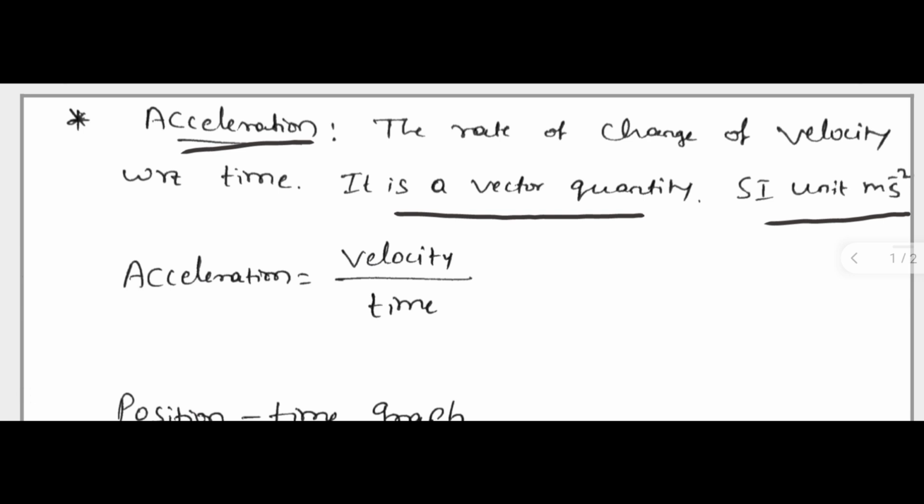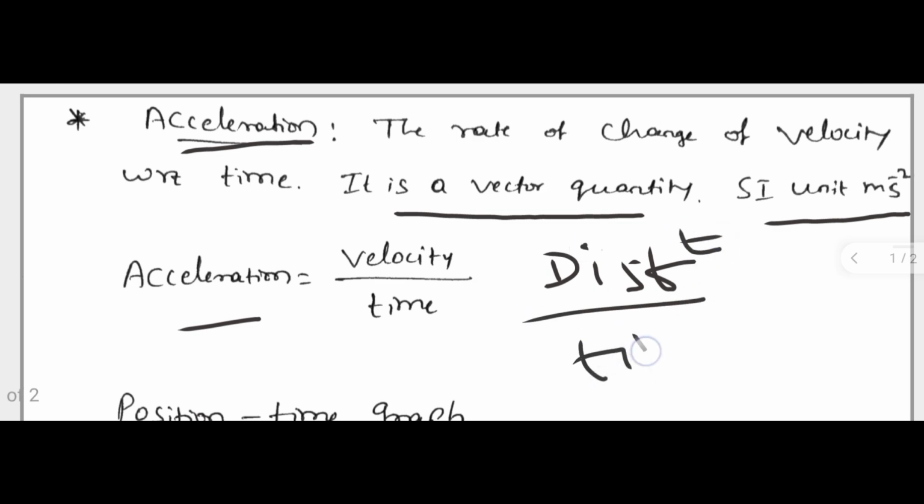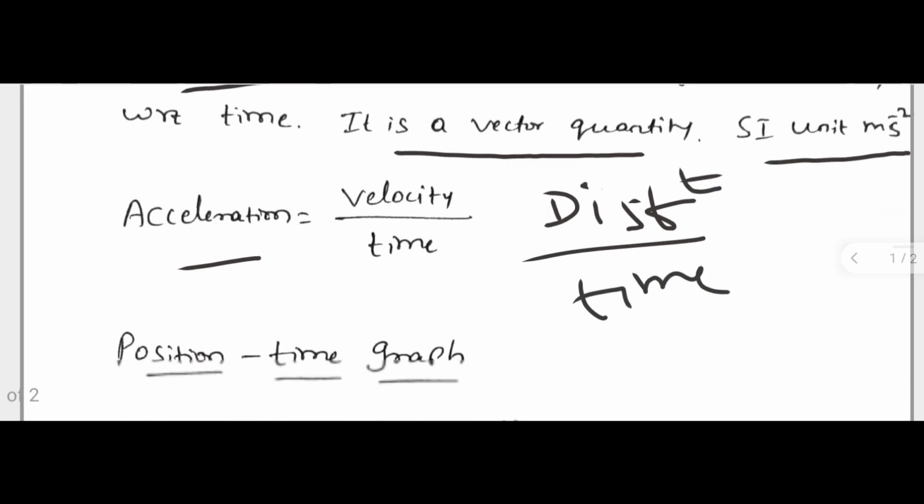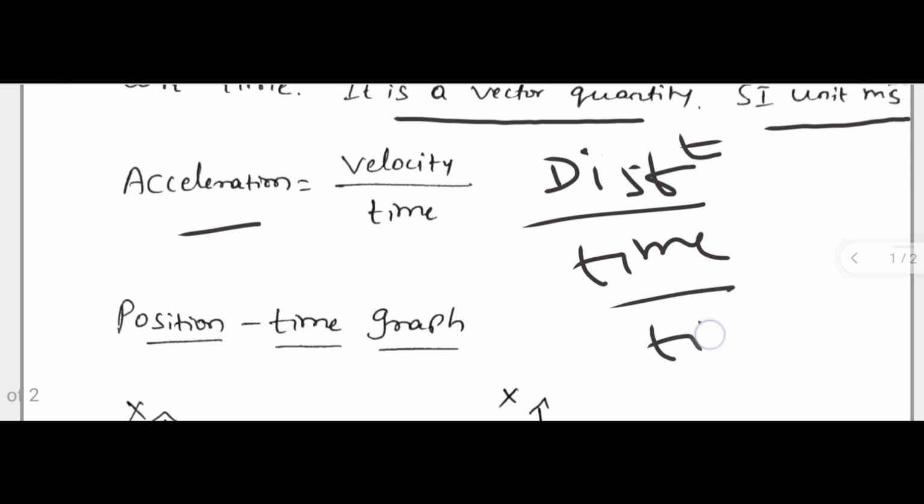Here we have the formula: acceleration equals velocity by time. Velocity means displacement by time, and again time is there.